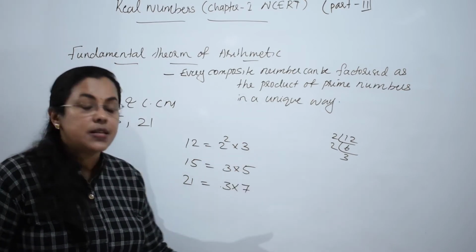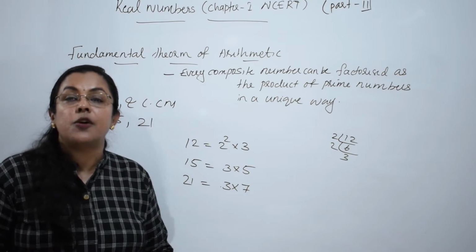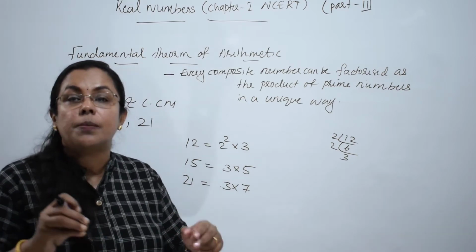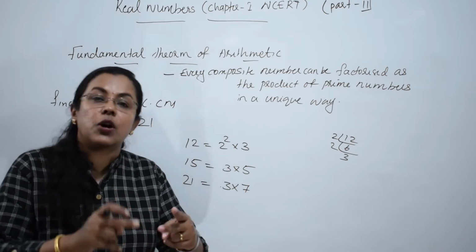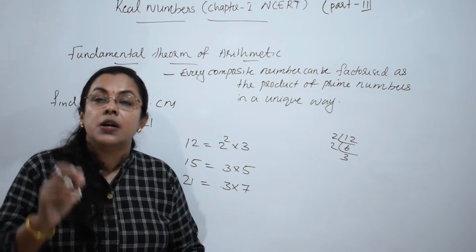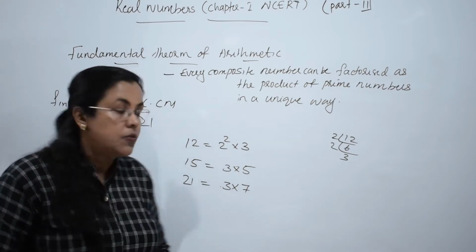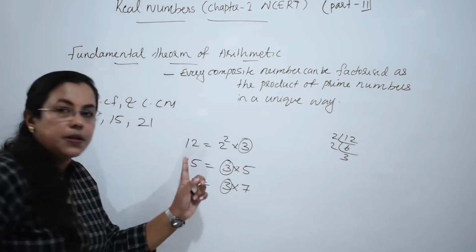Okay, then what is the HCF of 12, 15 and 21? HCF is nothing but what is common in all the three. Since there are 3 numbers here, what is common in all the 3? 3 is common in all the 3 numbers.